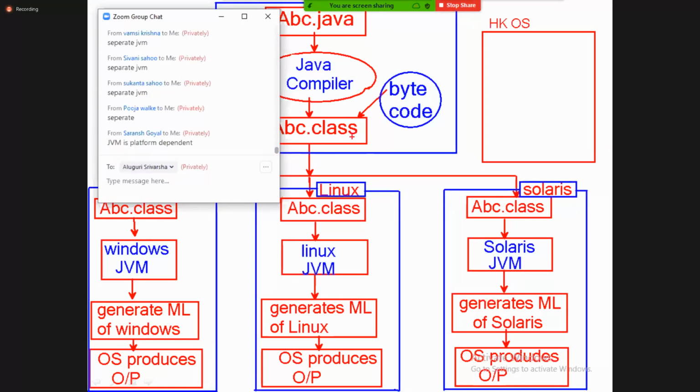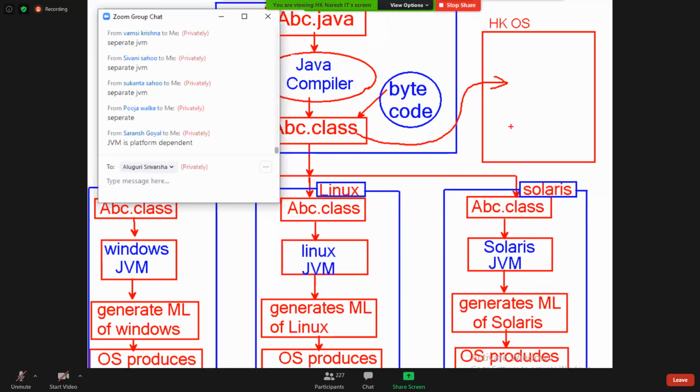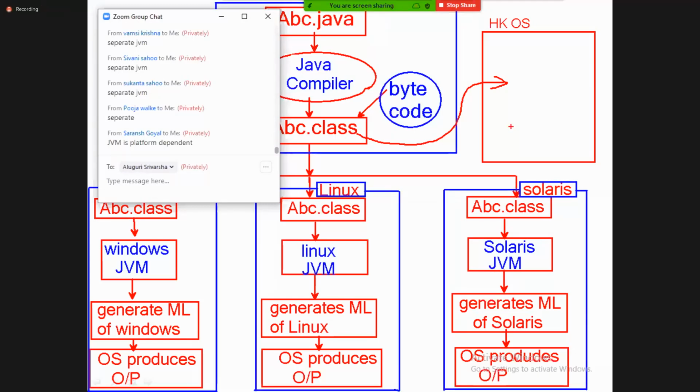Tell me. Now in this HK operating system, is this abc.class file executed or not executed? Depends. Come on, everyone should answer. If you want to execute abc.class file, bytecode, what do you need?